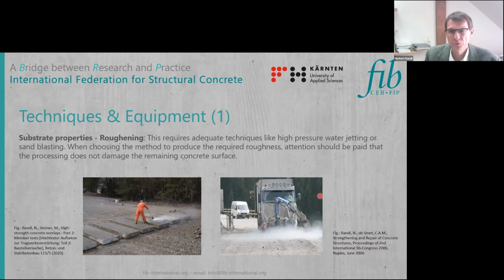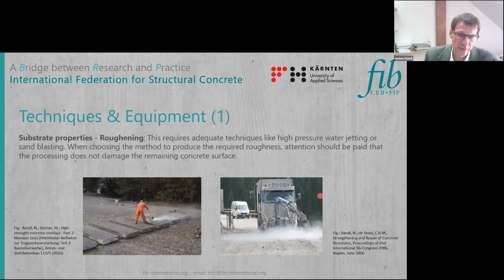It is important to choose methods that do not damage the remaining concrete surface. In this context, milling is a process which enables a quick removal of the top concrete layer, but on the other hand, one should be careful when going for such load transfer via the interface. We must be aware that milling might also harm the existing surface.